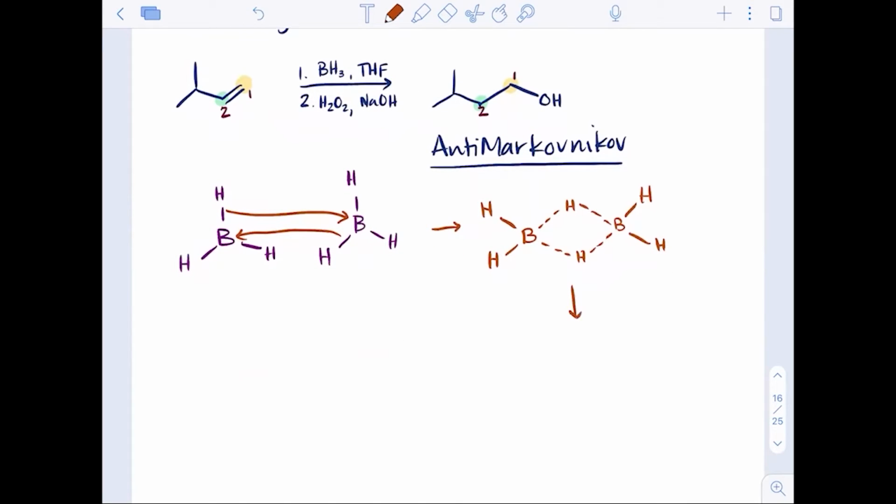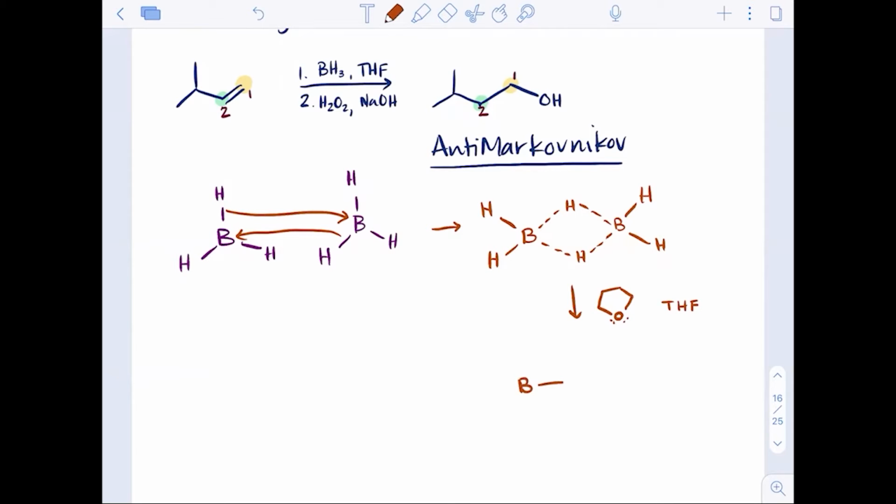It's a polar aprotic solvent. It looks like this. It's a 5-membered ring where oxygen is one of those atoms. So it's aprotic. It doesn't have a polar proton, but it does have polarity to it. And what THF does to that dimer is it actually stabilizes our electrophile.